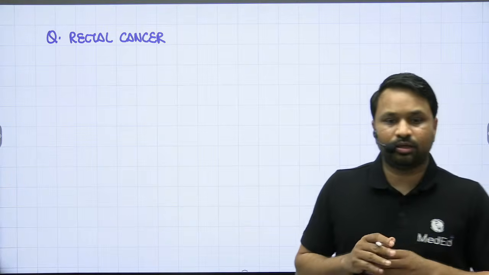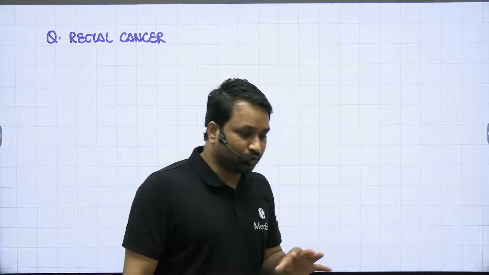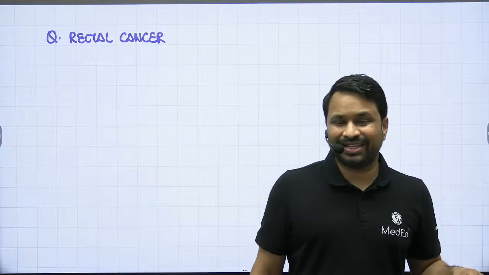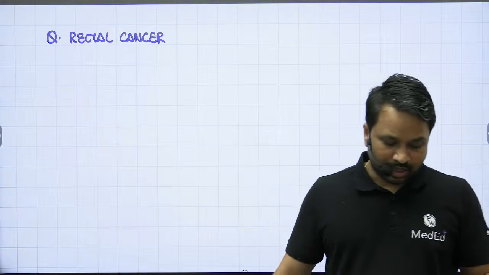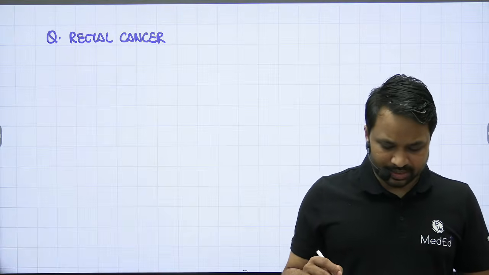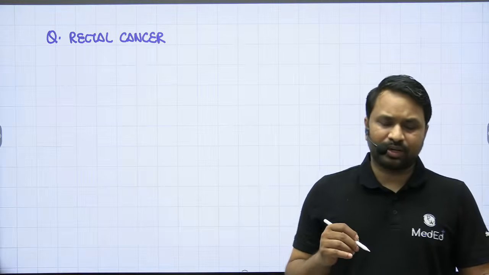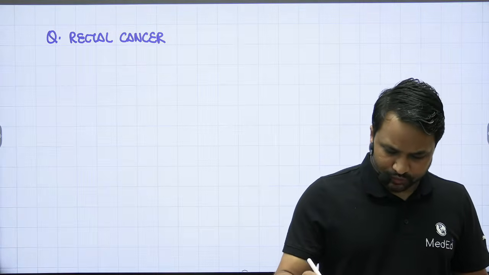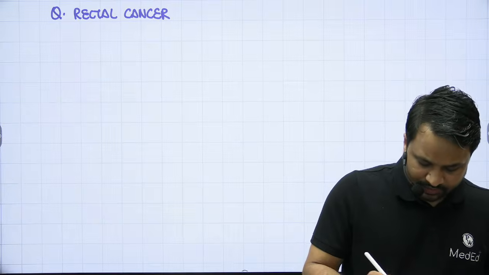In fact, when you talk about the entire GI malignancies in terms of colorectum, around 38% of the total malignancies arise from the rectum itself, right? So rectum is overall the most common site for large bowel malignancies. Okay? So when you talk about any cancer, you should first know the risk factors. So I'll be addressing the risk factors for rectal cancer.